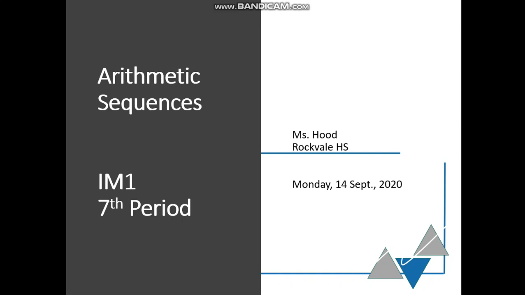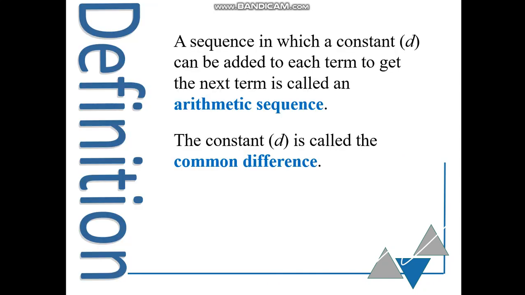Today we start a new unit on sequences, and we're going to begin with arithmetic sequences. Now, a sequence is just a list of numbers, and an arithmetic sequence is a list of numbers where we get the next number by adding something.